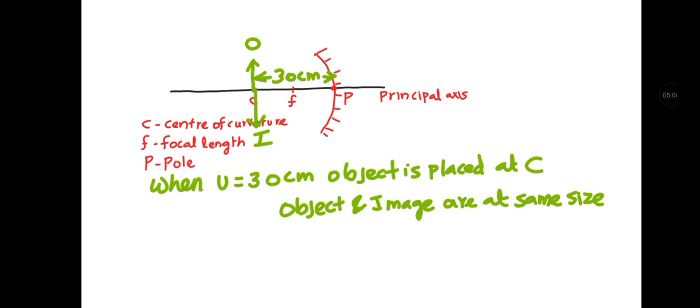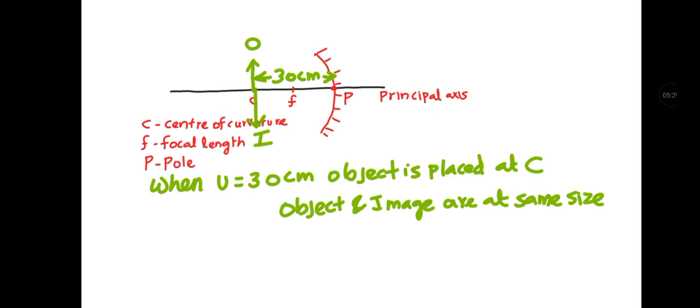When the object is placed at 30 centimeter, that means C equal to 2 times F. F equal to 15 centimeter, that is given in the problem. So C equal to 2F means C equal to 30 centimeter.